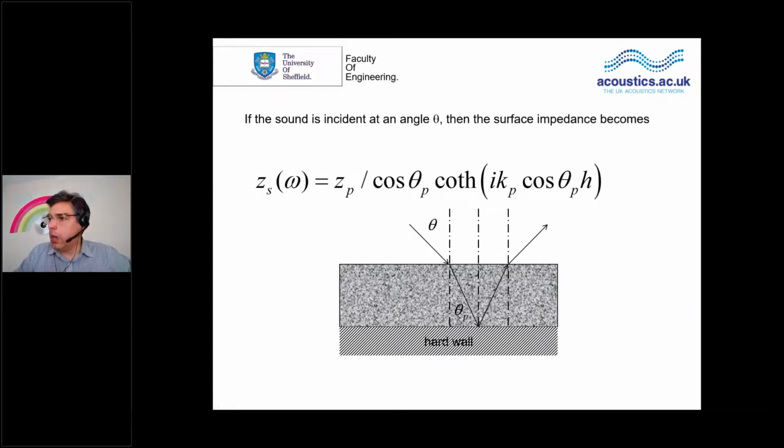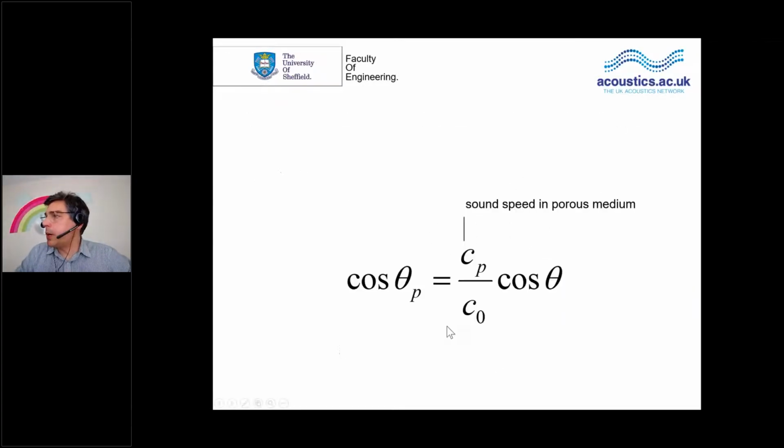And the refraction angle is determined from Snell's law, where we have the sound speed in the porous medium divided by the sound speed in air and multiplied by the cosine of the incident angle. And that's quite a common case in noise control because sound is rarely incident at normal incidence. So therefore, we need to consider what happens when this is the case.